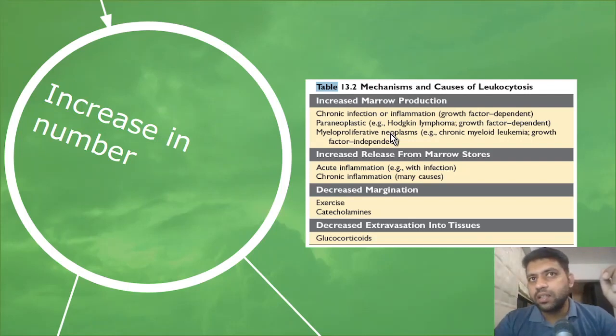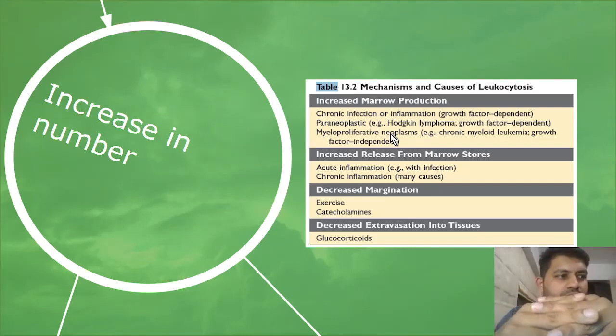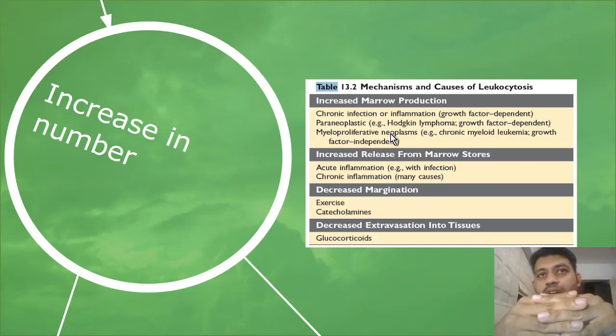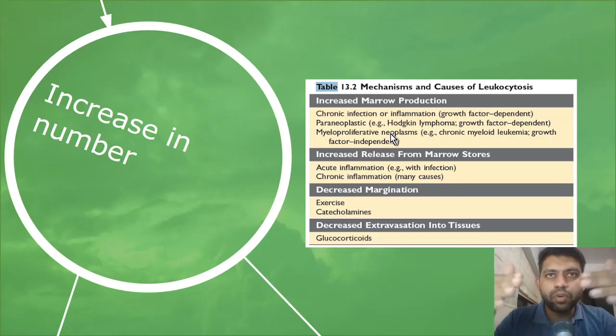So that is called margination. Decreased margination means that when you do exercise, or especially when there is catecholamine release in the body, these cells come and flow through the middle.